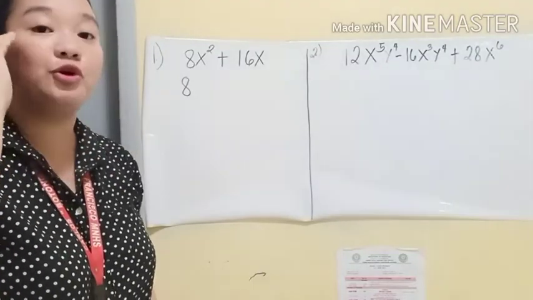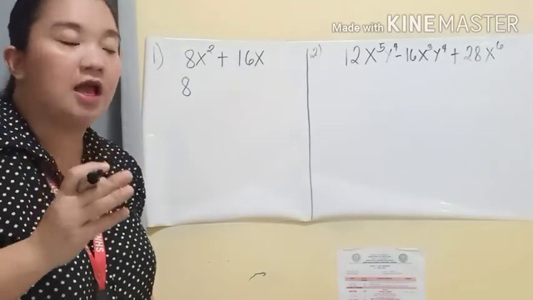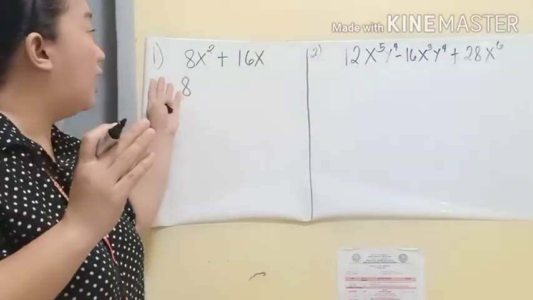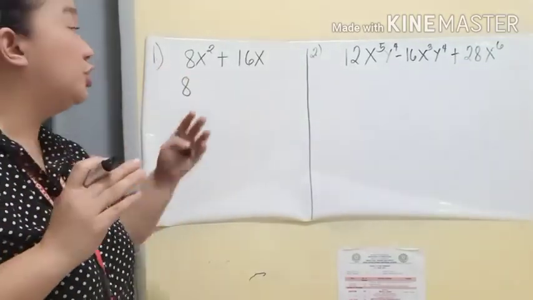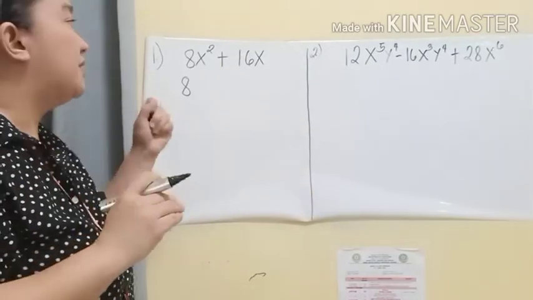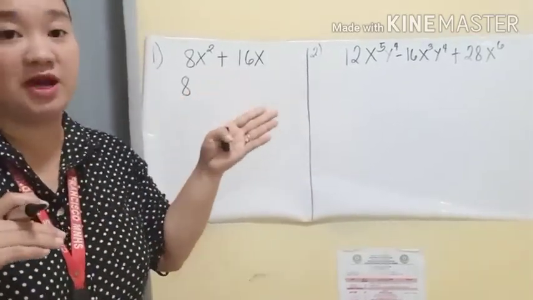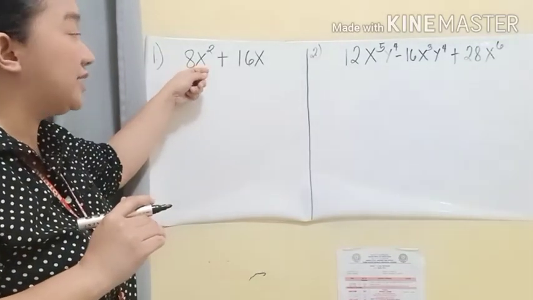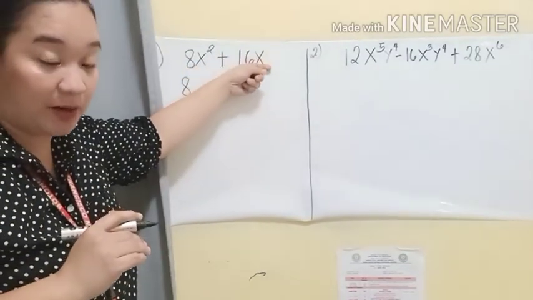Next, we have to look for its variable. Let's look for the variable which is common to this expression. So the variable which is common to this expression is x, since there is x squared here and x in the second term.